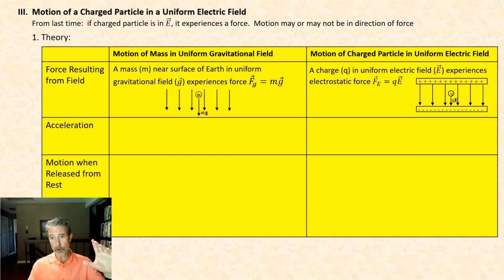Whereas for a charged particle, because charge comes in two types, we could have a positive charge or negative charge, that tells us that the force on that charged particle, while being in one dimension, really has two possible directions, unlike the case of the mass in the gravitational field.